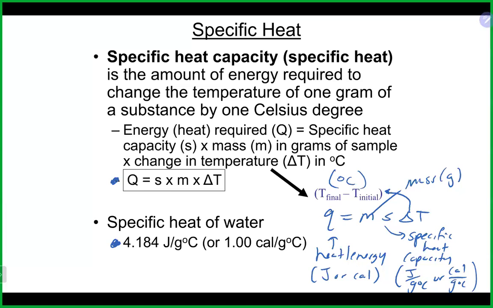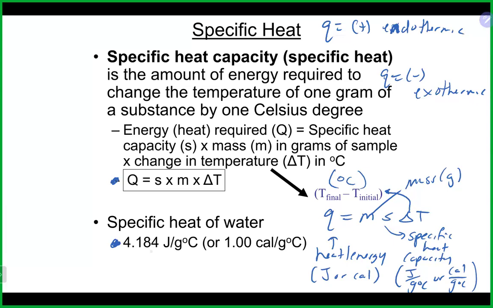Final minus initial is really important because that determines whether you end up with a positive or negative Q. As I mentioned before, if Q is positive, it is an endothermic process, and if Q is negative, it is an exothermic process. You can calculate Q, and it is the same as delta H at constant pressure, so you can actually calculate the heat and energy.